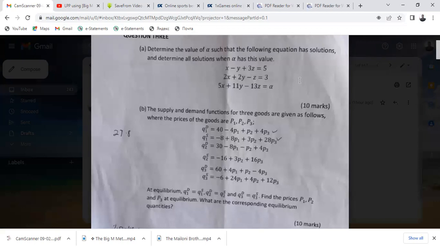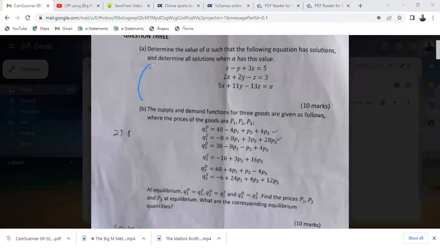So if it has a solution, it means that when you start solving it using, let's say, Cramer's rule, you come up with those equations.